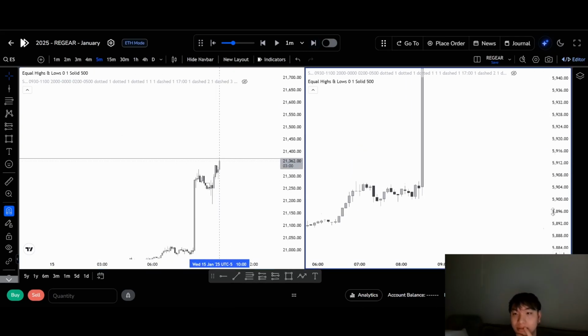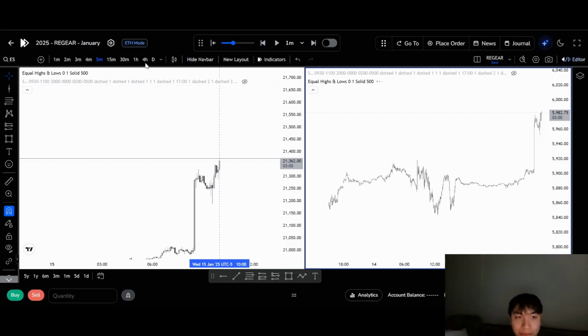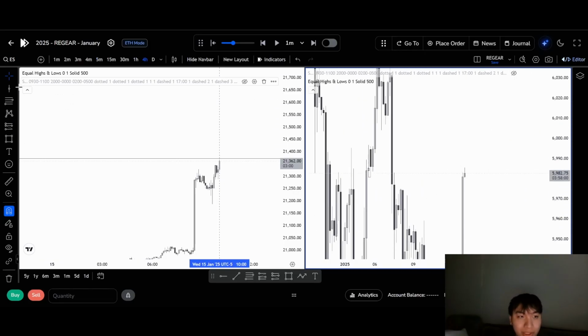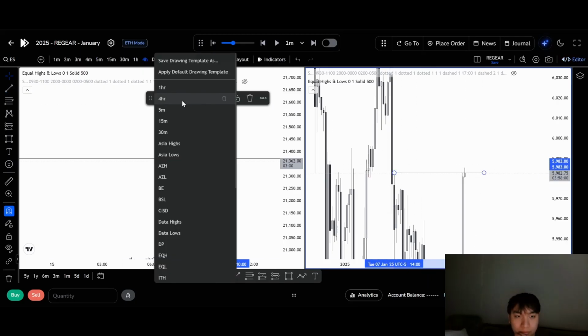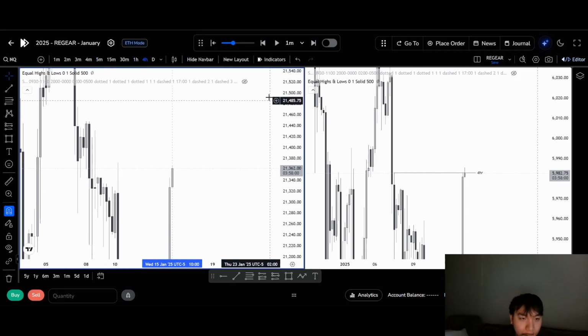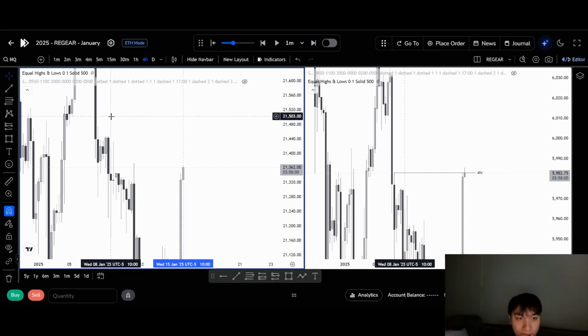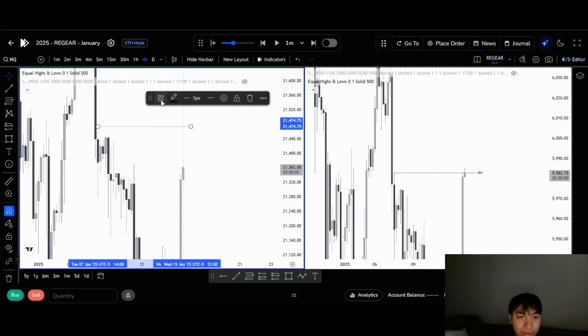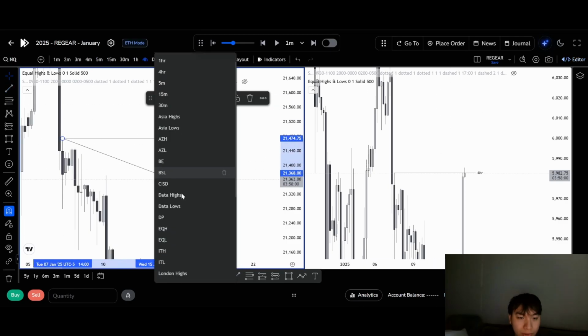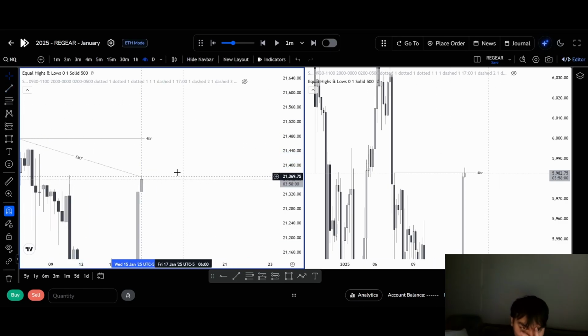10 o'clock hits. ES is dumping. We end up sweeping into this 4-hour gap. The fair value got us in here, but we'll see if it's getting respected or not.